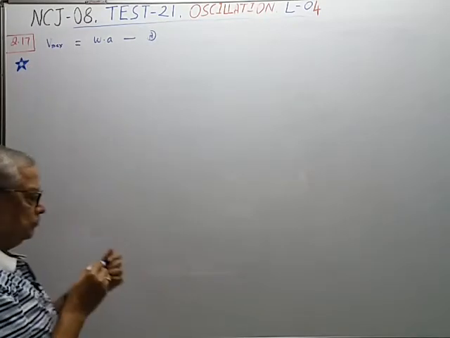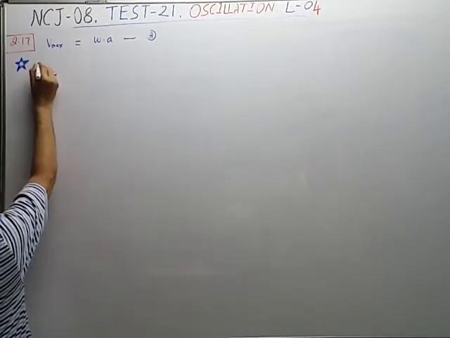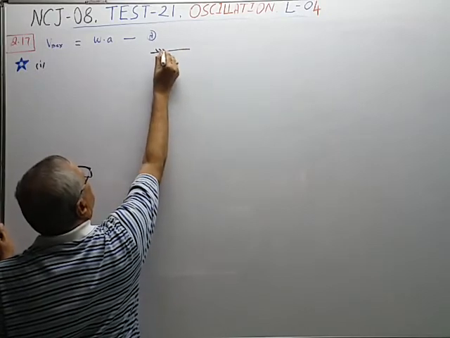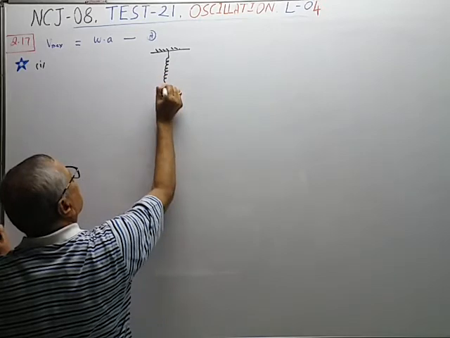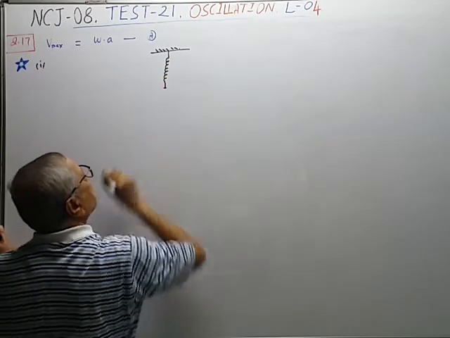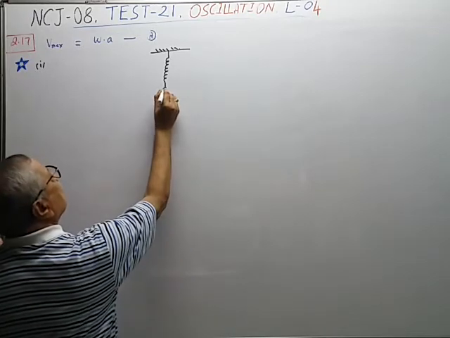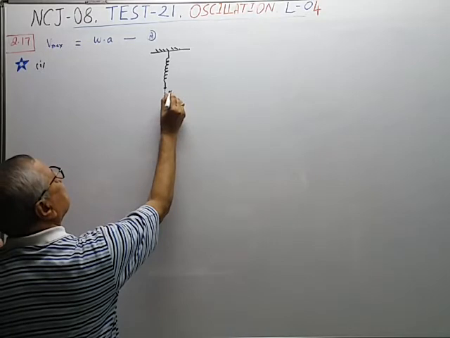First part. So this is the spring suspended vertically. This is the lower end of the spring. Now, when a block of 1 kg is attached, it extends by x.